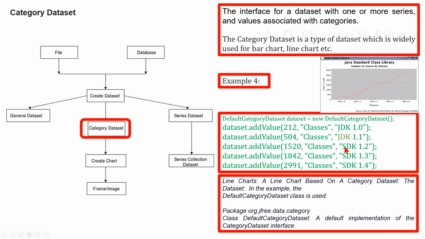The first step in generating the chart is, as always, to create a dataset. In the example, the DefaultCategoryDataset class is used. Note that you can use any implementation of CategoryDataset interface as your dataset.